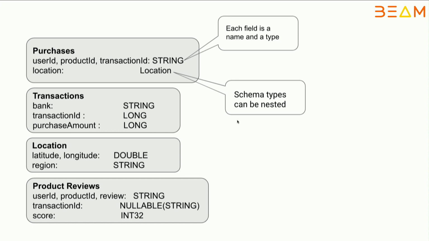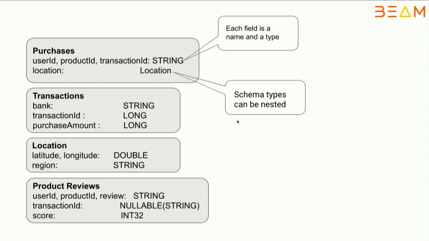As you can see, rather than the standard Beam story where types on a PCollection are just opaque things with maybe a coder that can encode and decode them, the types are now introspectable. They're divided into different fields. You can examine the fields, you can select the fields, and so on.